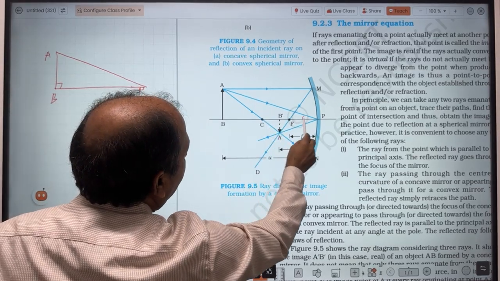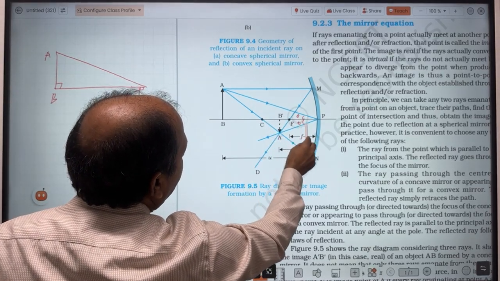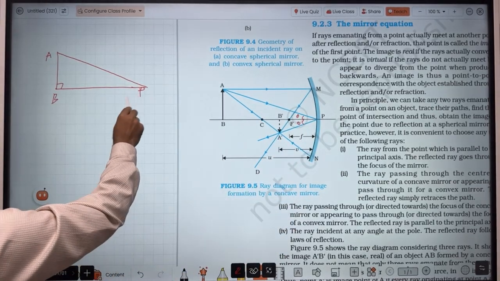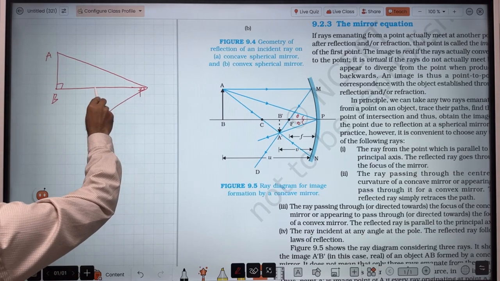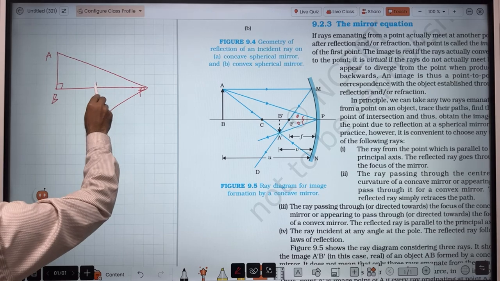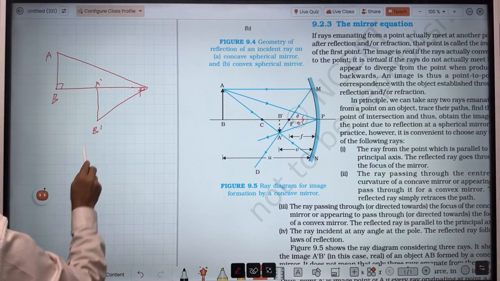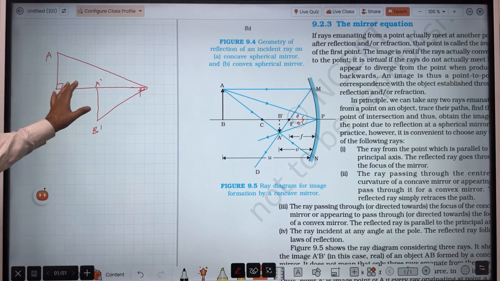These two angles will be the same, because this angle is theta, and this angle will be theta. So let's draw another figure here, and say this is A dash, this is B dash, right?